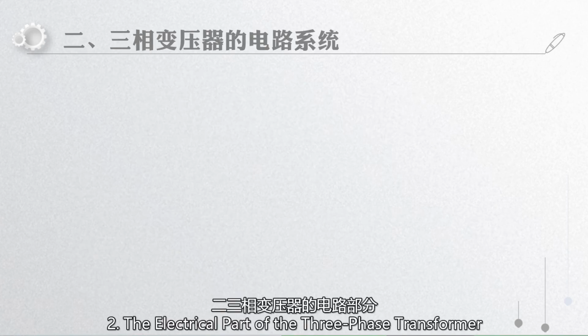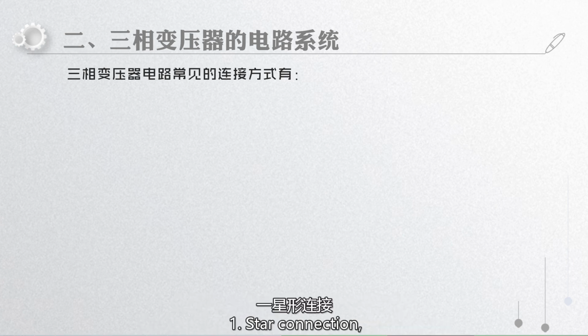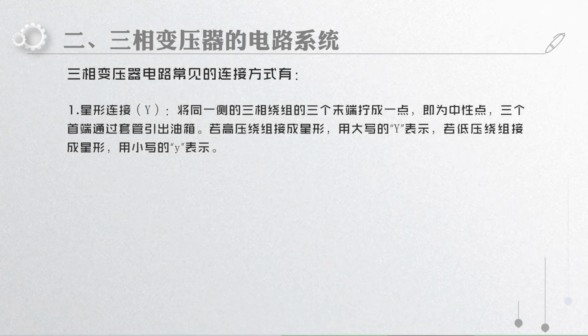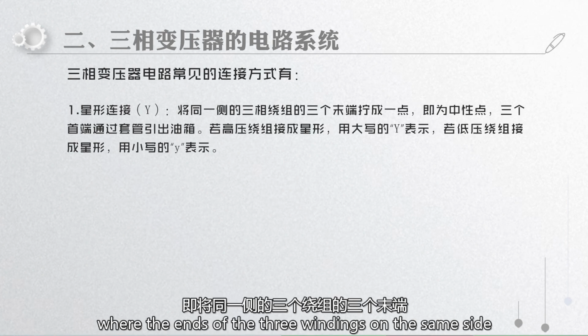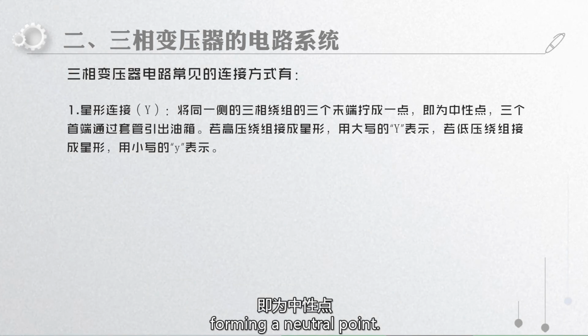2. The electrical part of the three-phase transformer. There are two connection methods for the circuit of a three-phase transformer. 1. Star connection, where the ends of the three windings on the same side are twisted together into one point, forming a neutral point.